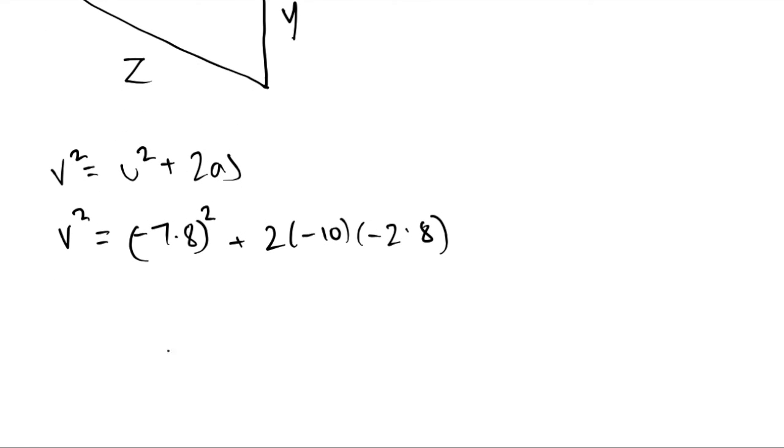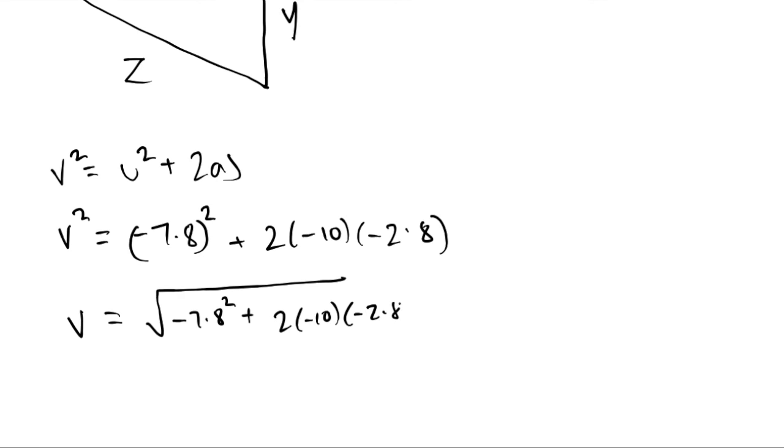Now, putting this all under a square root, we get the answer: the square root of negative 7.8 squared plus 2 into negative 10 into negative 2.8. We get the final vertical velocity is equal to 10.81 meters per second.